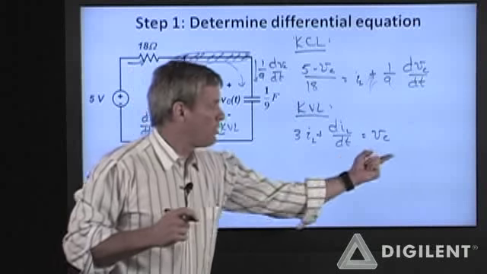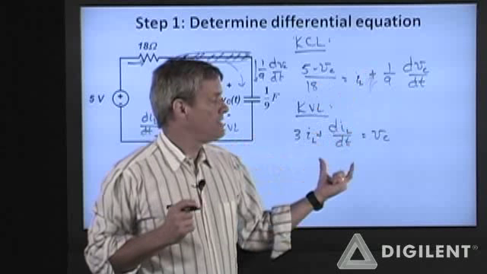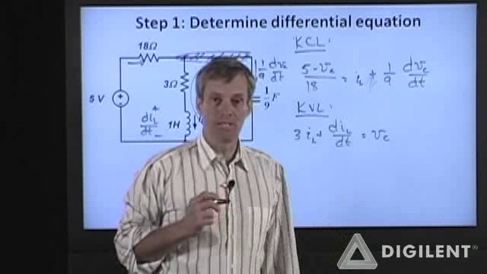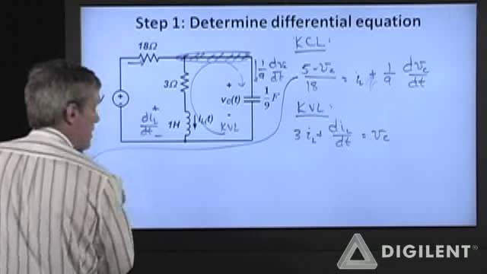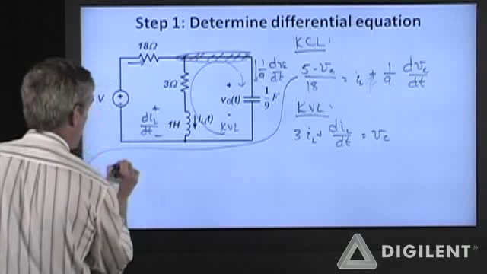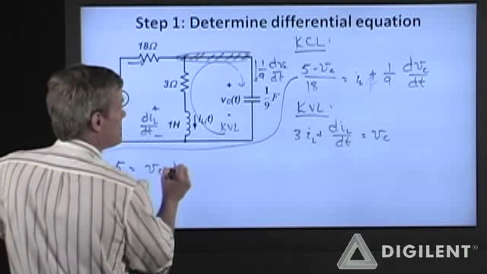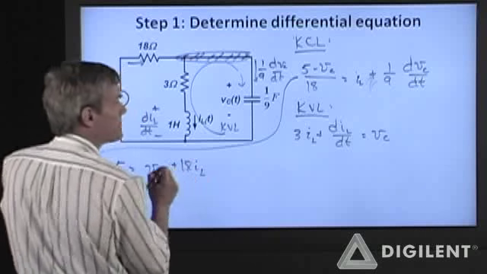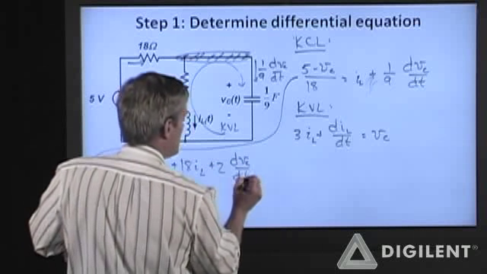Okay? There's a second equation also in the same two unknowns. I can combine these equations to eliminate V sub c. Let's take this equation here. I'll multiply through by 18 and take V sub c to the other side. So 5 is equal to V sub c plus 18 times I sub L plus 2 dVc by dt.